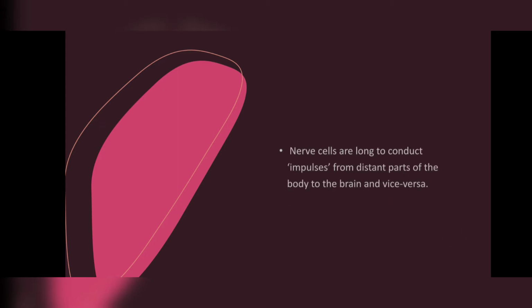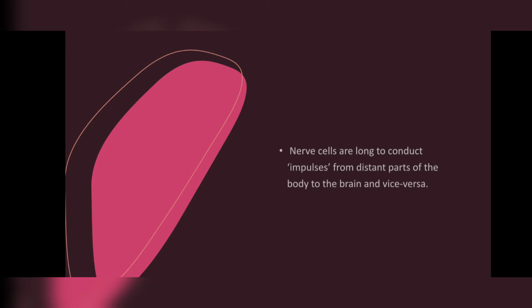Third, nerve cells are long to conduct impulses from distant parts of the body to the brain and vice versa. Nerve cells carry impulses, carry messages, from the brain to different parts of the body, and from different parts of the body to the brain. If we go close to a hot thing that can burn our finger, once we touch it, our finger goes back.